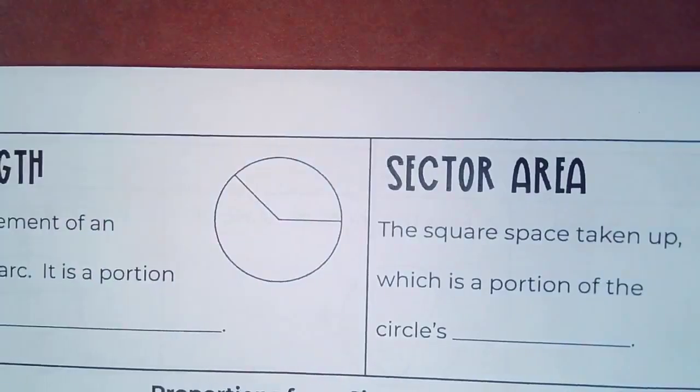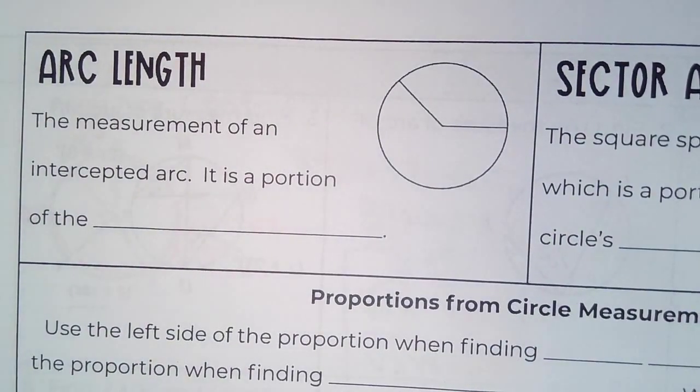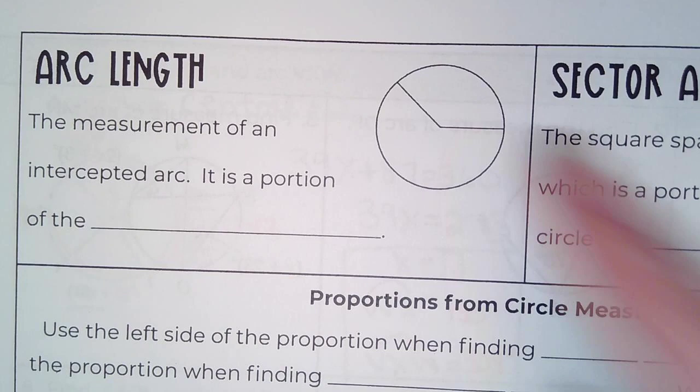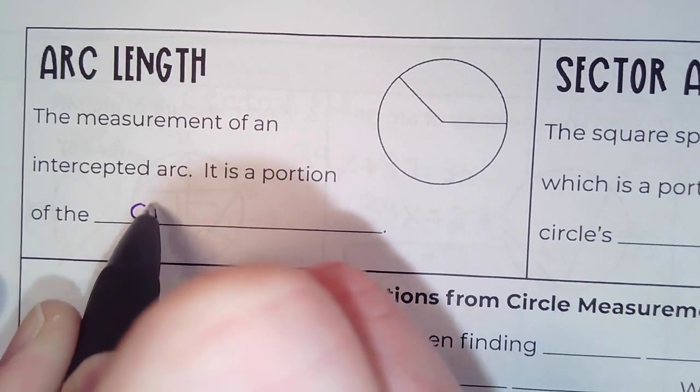We are going to begin talking about arc length and finding sector area. So arc length, remember the arc is a portion of the outside of the circle. So it's a measure of an intercepted arc. So it's a portion of the circumference.